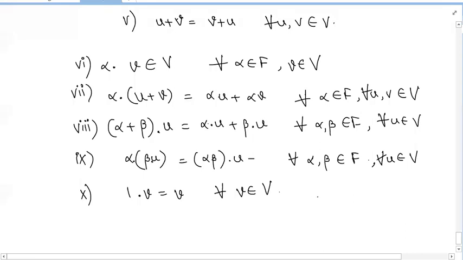I forgot to tell you: elements of V are called vectors, elements of the field F are called scalars. You have to remember this terminology.